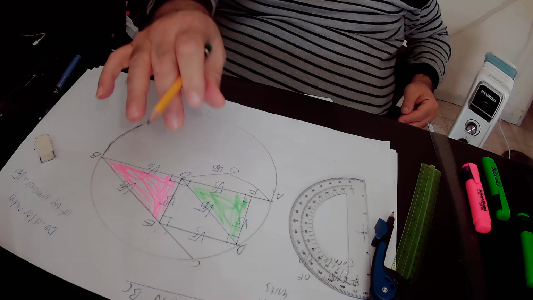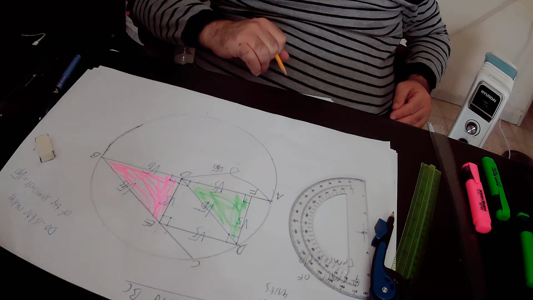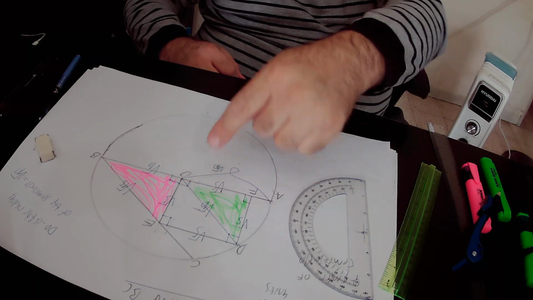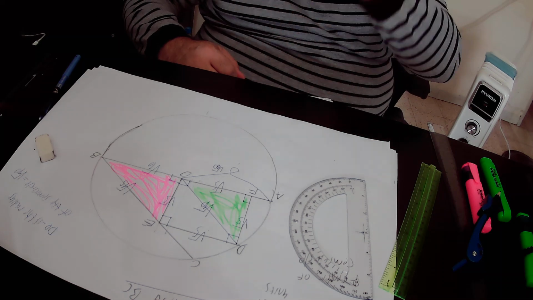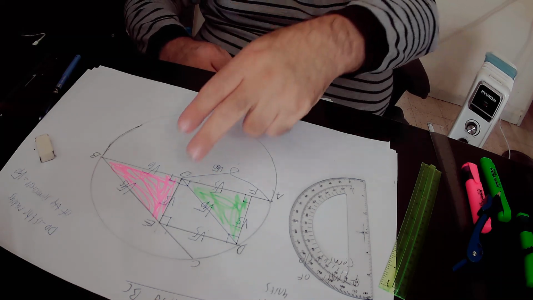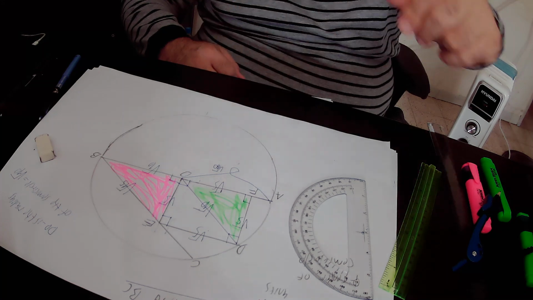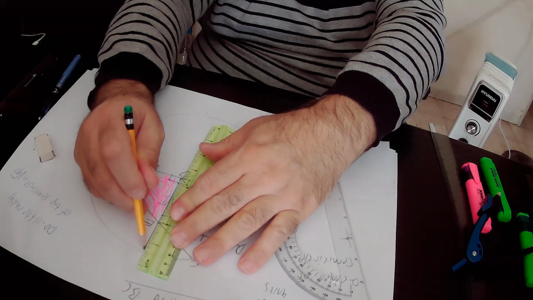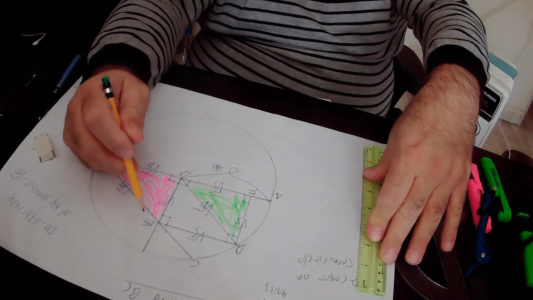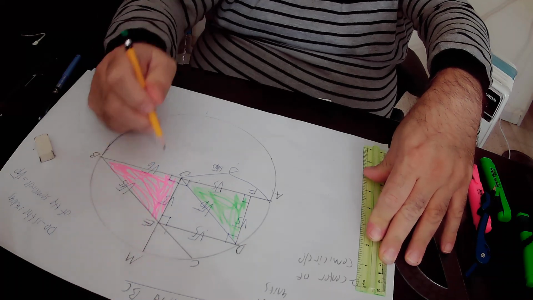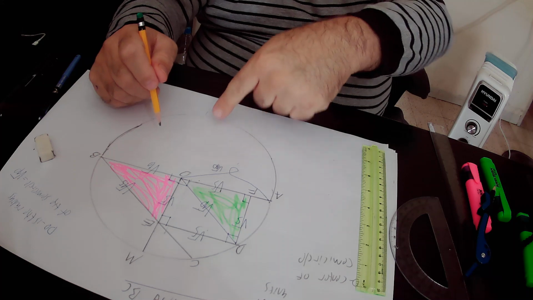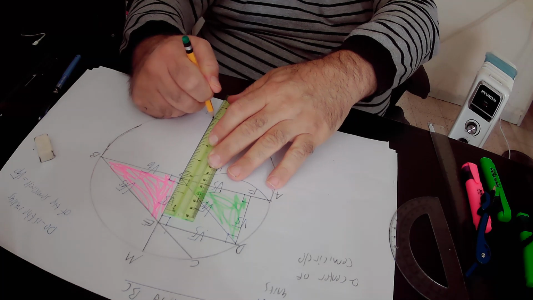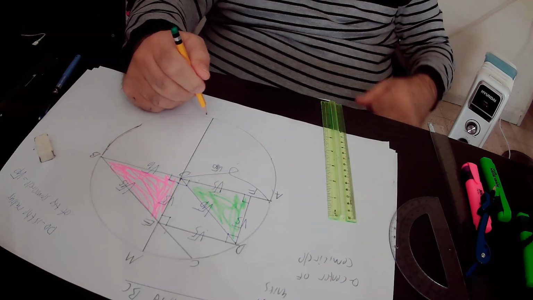So we completed the semicircle to a circle. In the next step, we will extend line segment EO on both sides. We will extend line segment OE towards the upper side of the circle until it touches the circle, and we will define the touching point of the extended OE and the circle as point M. In the next step, we will extend the line segment EO towards the lower side of the circle until it touches the circle, and we will define the touching point of the extended EO and the circle as point N.